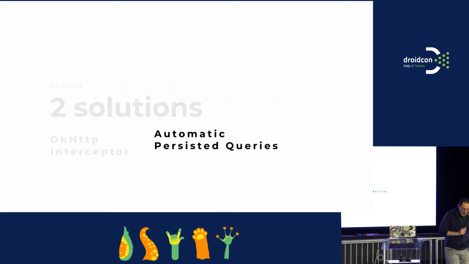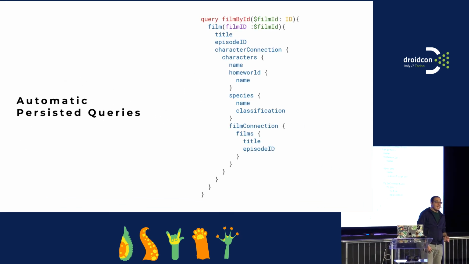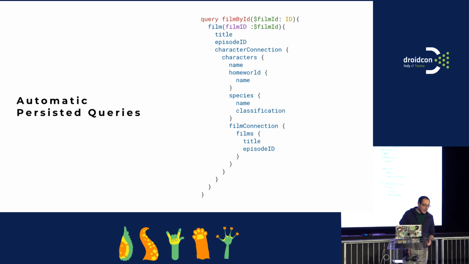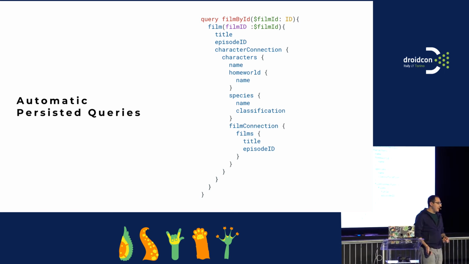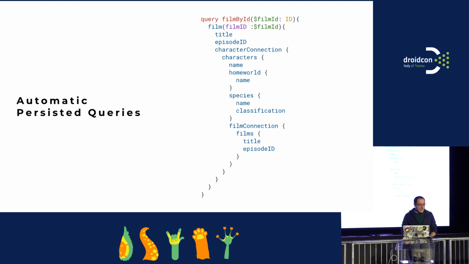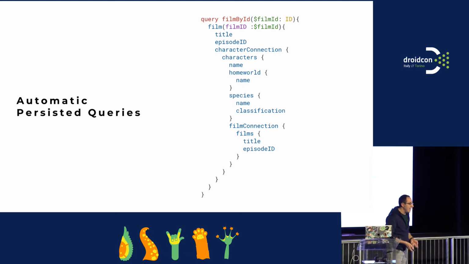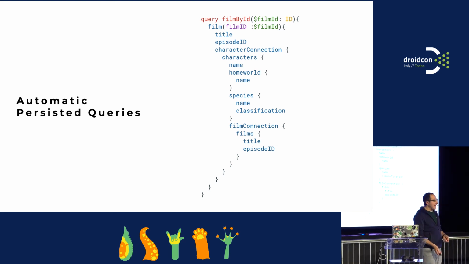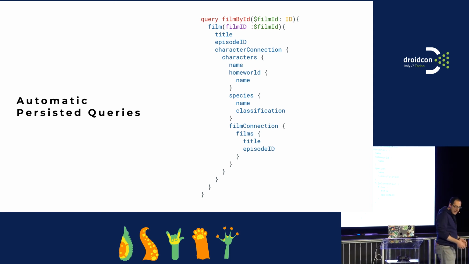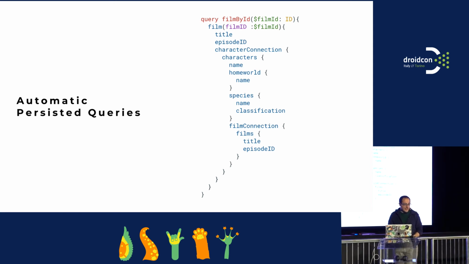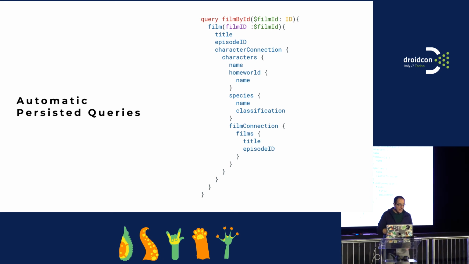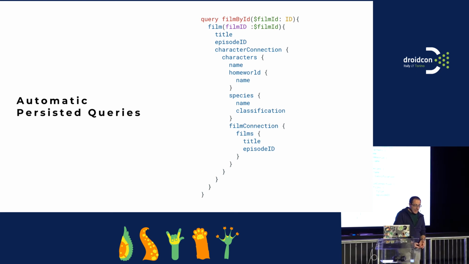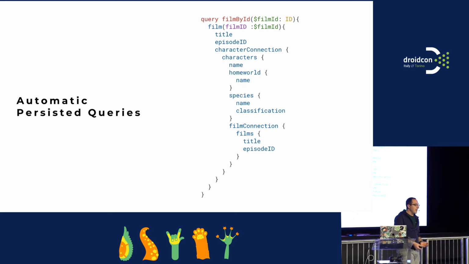So how do automatic persistent queries work? Let's say this is a query, okay? What you're getting here in this query is basically the main data related to a movie, all the characters inside these movies, and a bunch of data about these characters, like the name, their homeworld, what species they were, and in what other films they actually appeared.